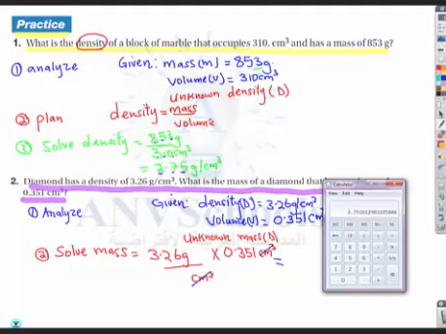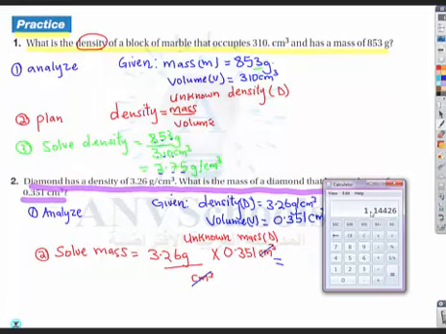So let's go to the calculator here. We are having 3.26, not divide, sorry, it should be multiply by 0.351, and what you get here is 1.1444.